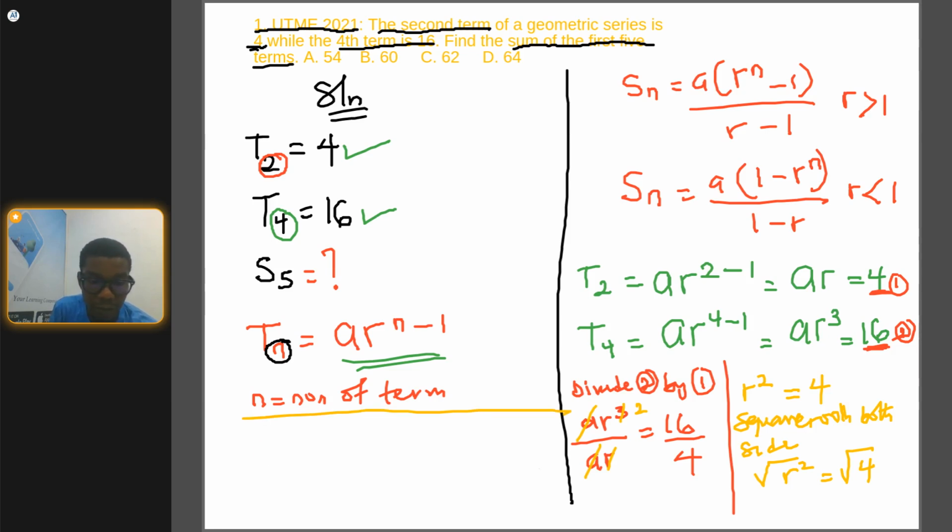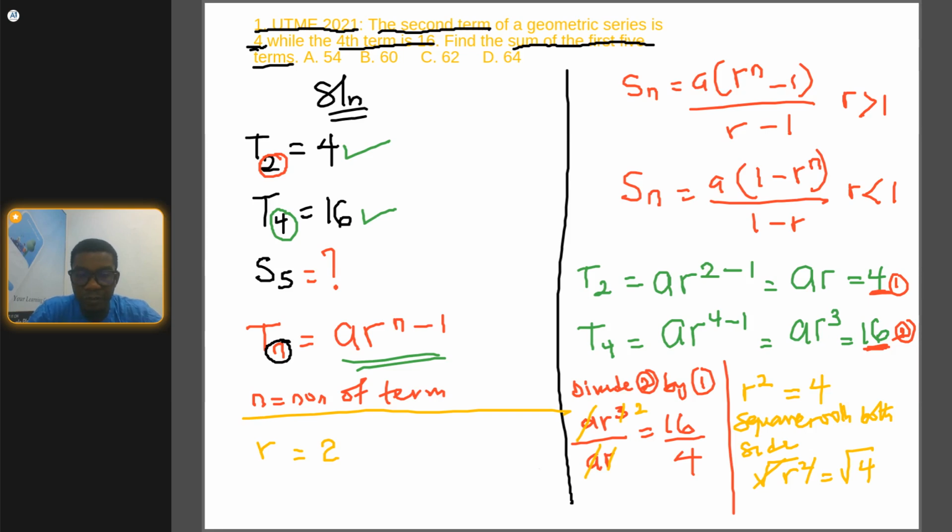We have R now, because the square cancels the square root. We have R equals the square root of 4, which is 2. That is the common ratio, R, which is equal to 2.